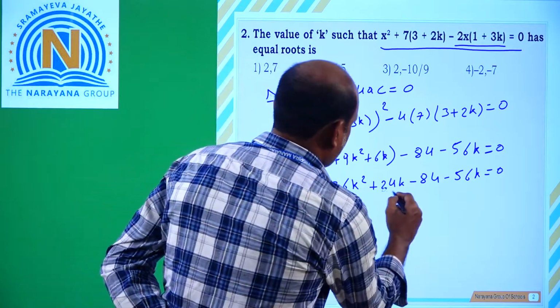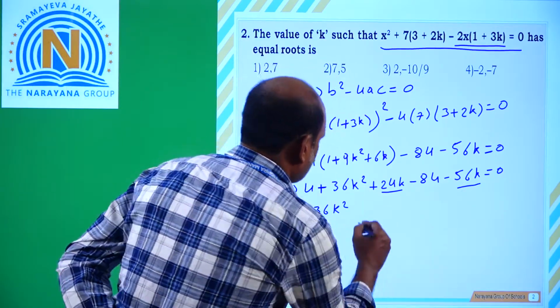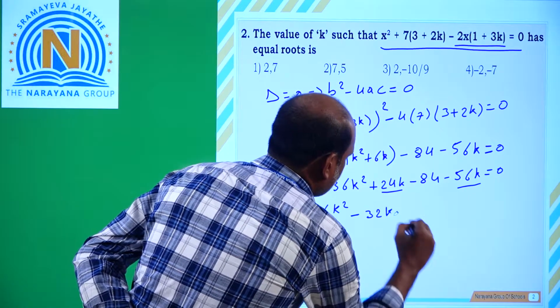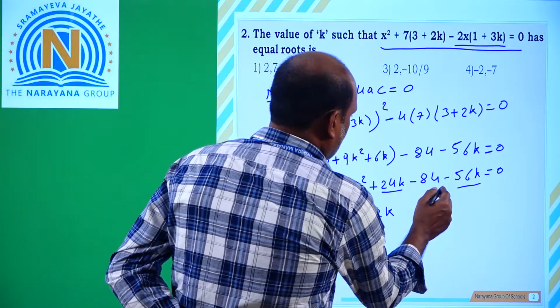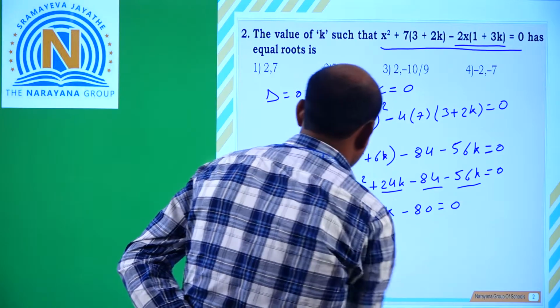See, this is plus 24k and this is 56k, so that is minus 32k. Next here 4 minus 84, that is minus 80 is equal to 0.